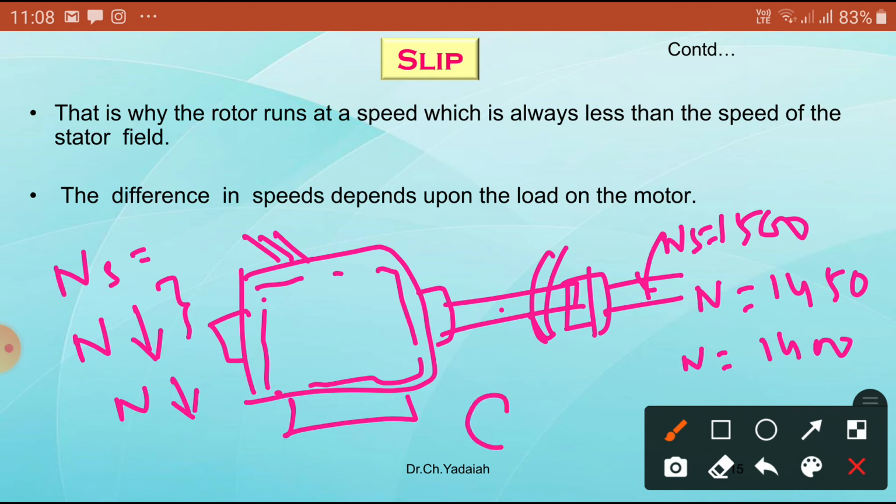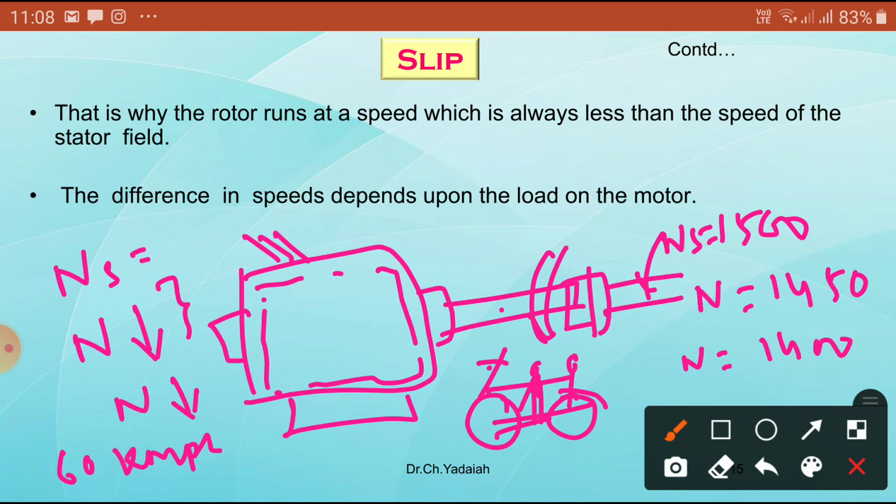Take a bike, for example. You can ride this vehicle easily at a speed of 60 kmpl. Now your friend is added to you. What will happen? The weight increases.